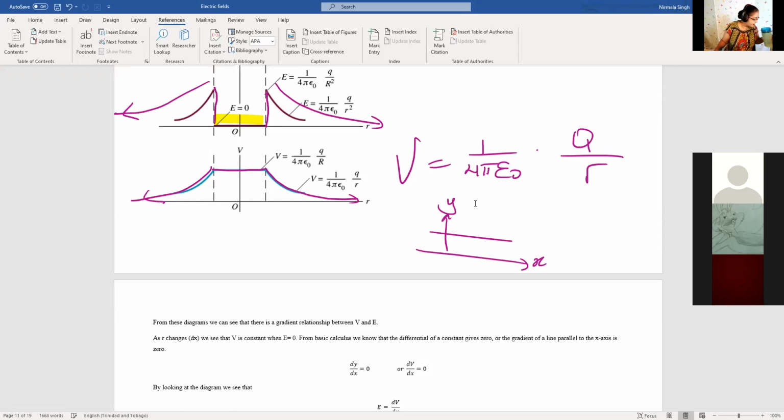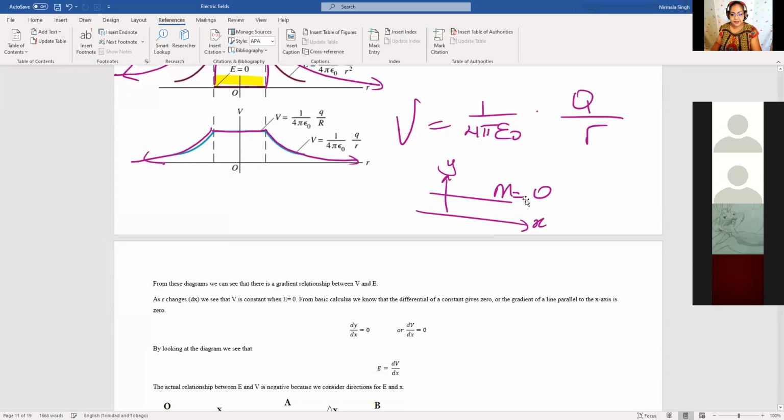Wait, that wouldn't be 0? It would be 0. Right, very good, that is correct. The gradient of any flat line, any line that is parallel to your x-axis is 0.